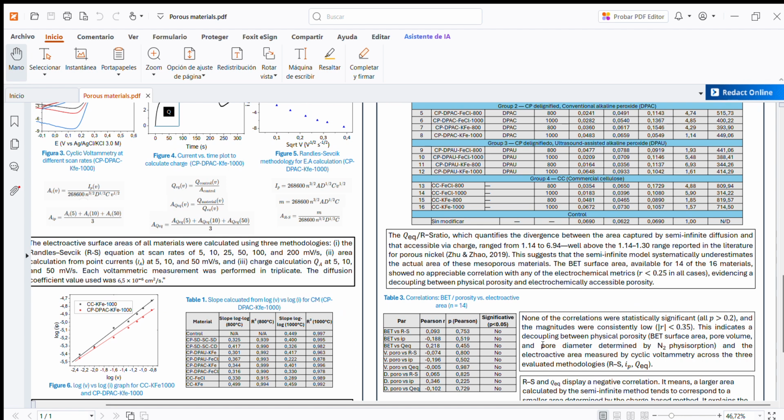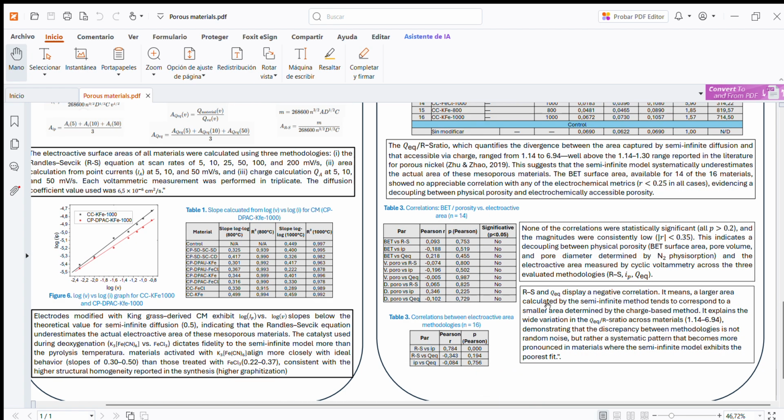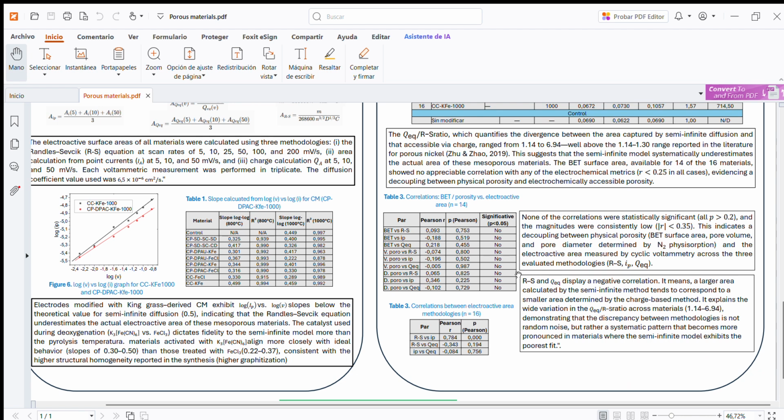They explain different things. For this, you can use one to explain, for example, the electroactivity of some electrochemical measurement. In fact, we tried to correlate BET with electroactive area, or, for example, the volume of the pore versus electroactive area, and we can find a good correlation.